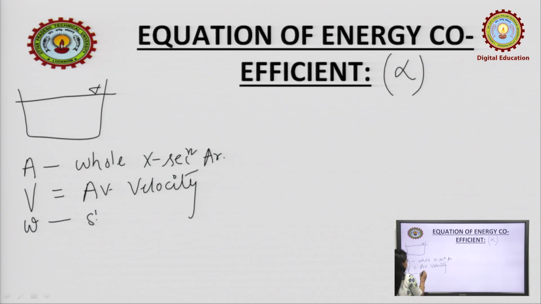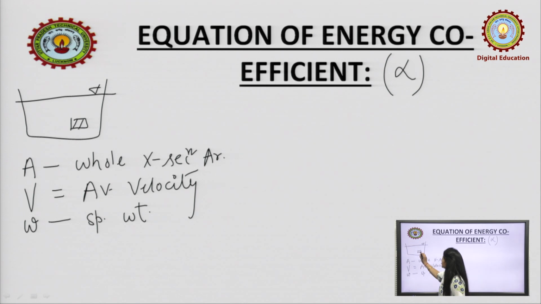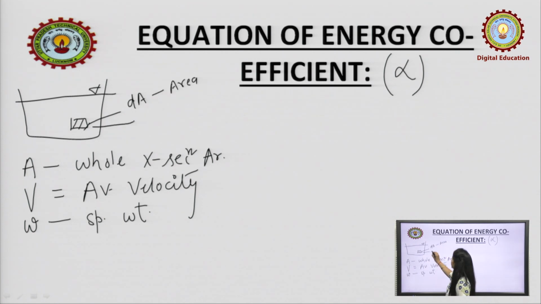Small w is the specific weight. To calculate the energy correction factor, we can use an elemental area. Let us suppose this is the elemental area dA, having velocity small v.